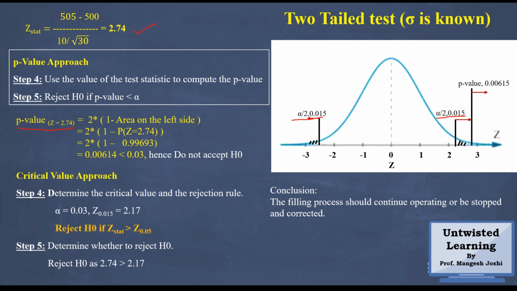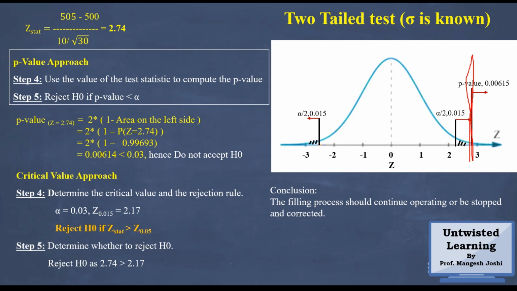I will just explain this here. Let us say you got 2.74 over here, right? This is your statistic value.